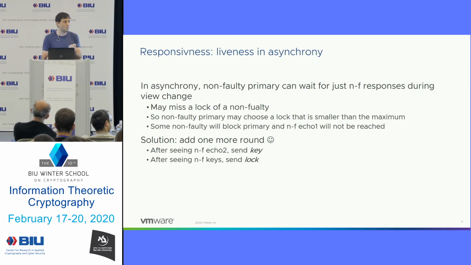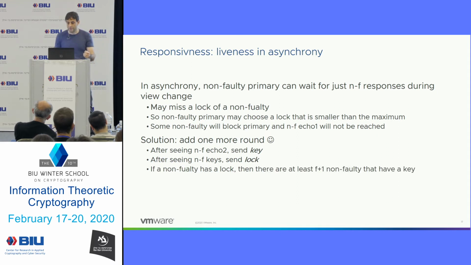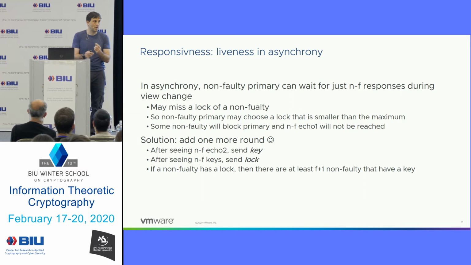Okay, and what is the property here? The property here is that now if a non-faulty has a lock, then there are at least f plus 1 that have a key. So previously, it could have been that there's just one non-faulty that has a lock, and we miss this non-faulty because we're reading from n minus f.